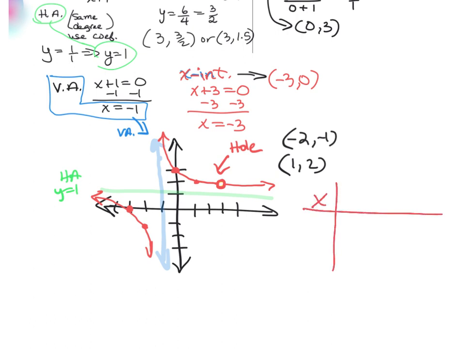So again, doing a table of values. If you take your function and plug it into the simplified, g of x is equal to x plus 3 over x plus 1.